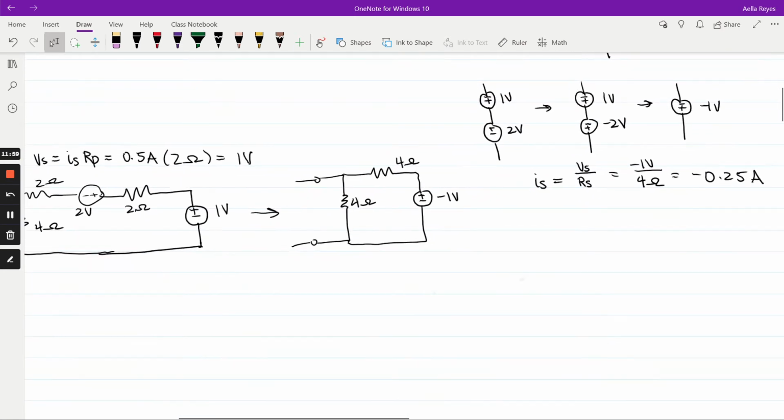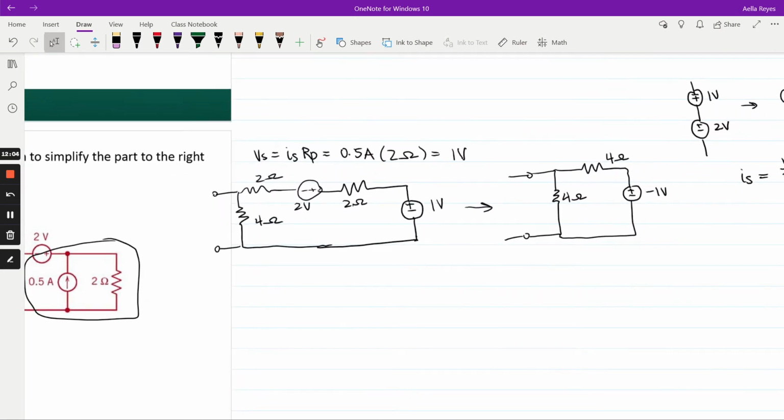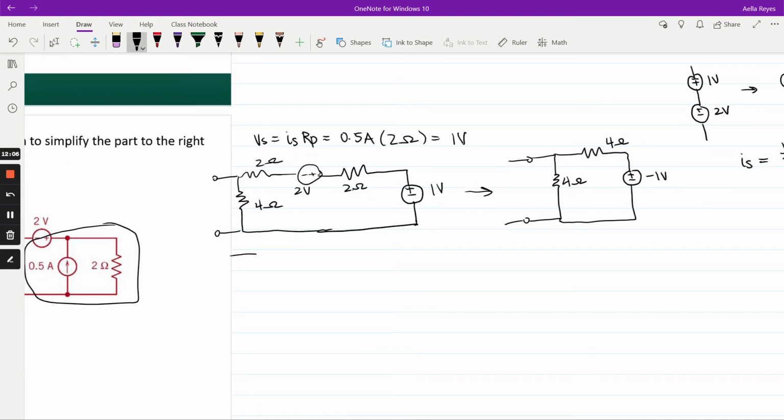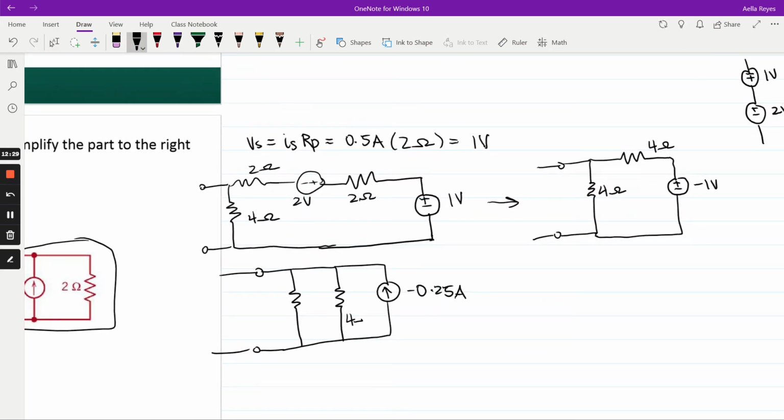Okay, and so our new circuit is going to look like this. That's -0.25 amps, and then our resistor stays the same, so it's 4 amps. And this is still 4 amps.